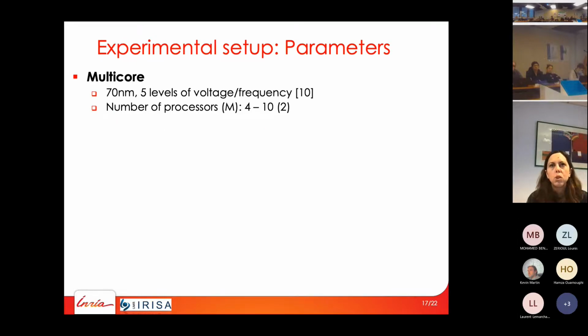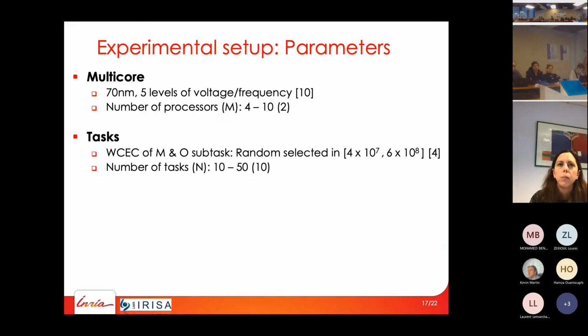So going a bit to some representative results. Here we have the setup. In this setup, we had a multicore of 70 nanometers with 5 levels of voltage and frequency. And we searched for up to 10 processors with a step of 2 in the experiments.